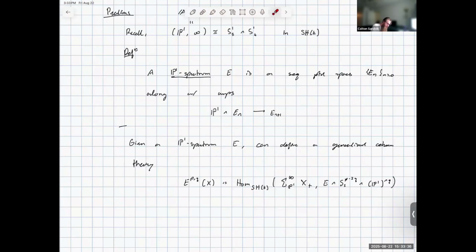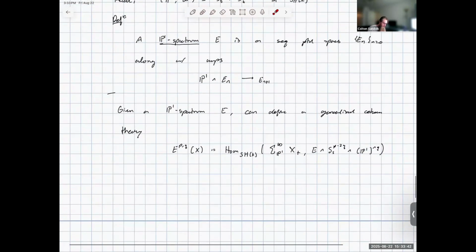The key difference between how we define this and how we define the Eilenberg-MacLane or the Motivic cohomology is that we've replaced the Tate circle with P1, and likewise with the suspension. We can take this as an abstract definition, and we should.